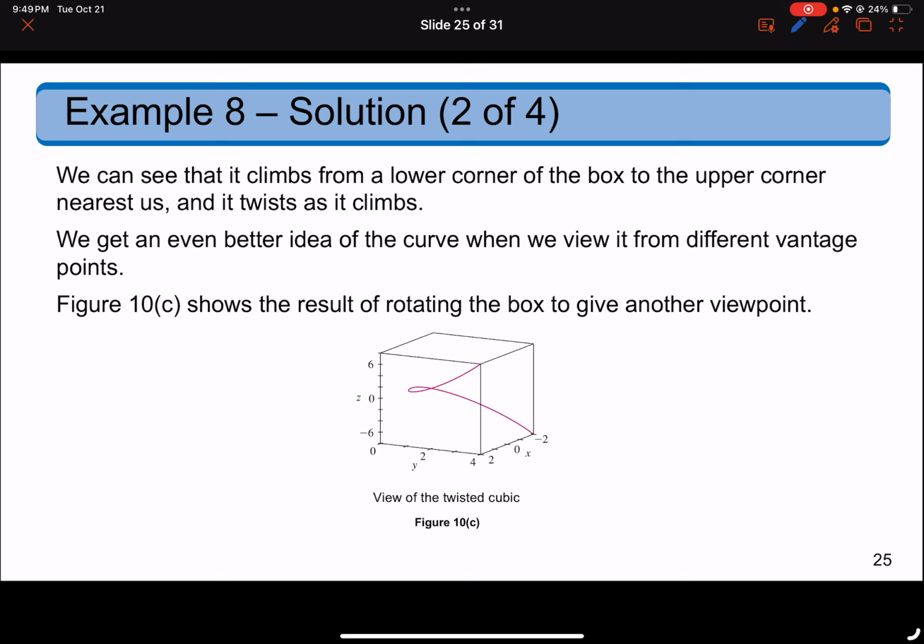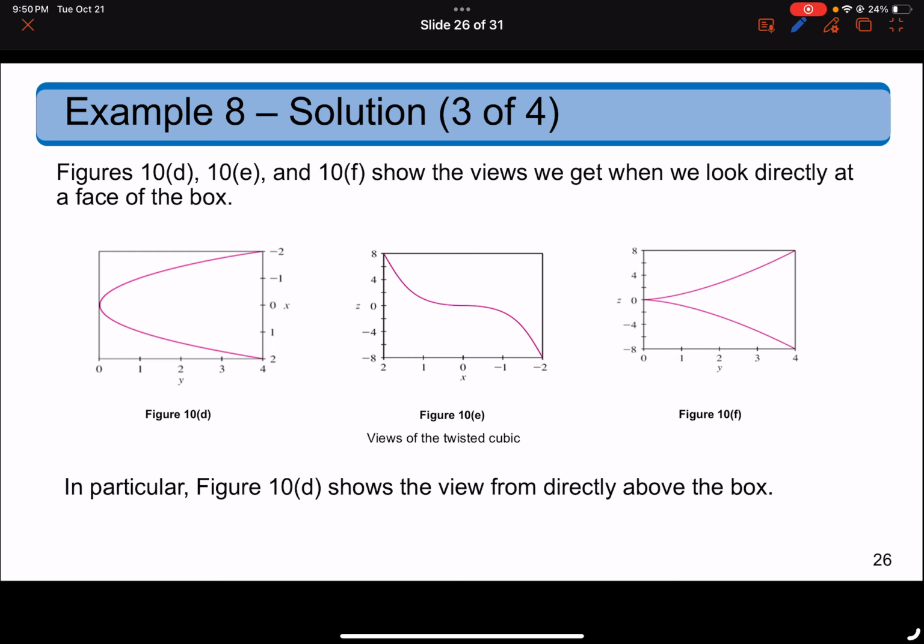We get a better idea of the curve when we view it from different vantage points. Figure 10c shows the result of rotating the box to give another viewpoint. Figures 10d, 10e, 10f show the views we get when we look directly at the faces of the box.